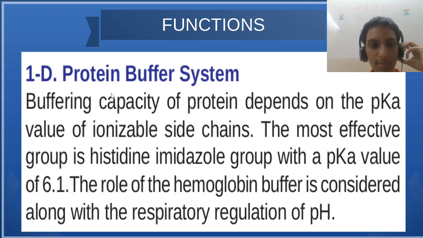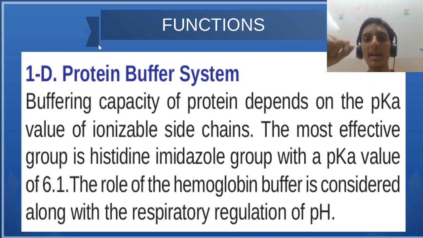Lastly, we have the protein buffer. What is the structural unit of proteins? Amino acid. So obviously this buffer has to depend on some amino acid. What is that amino acid? Histidine. What is the ring in histidine? Imidazole ring. So shouldn't it depend on the imidazole ring? Absolutely yes, it has to depend.